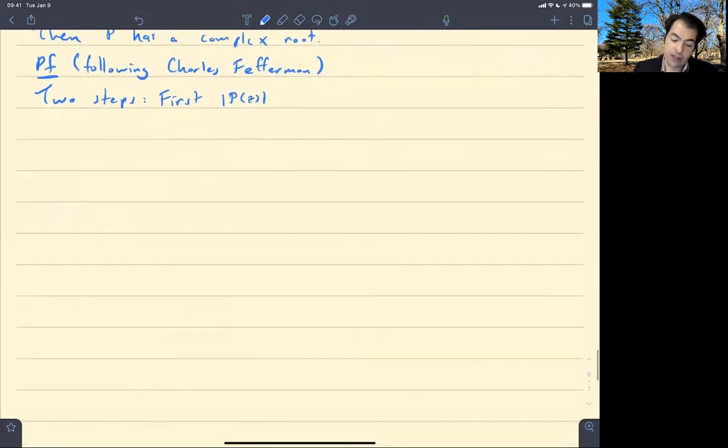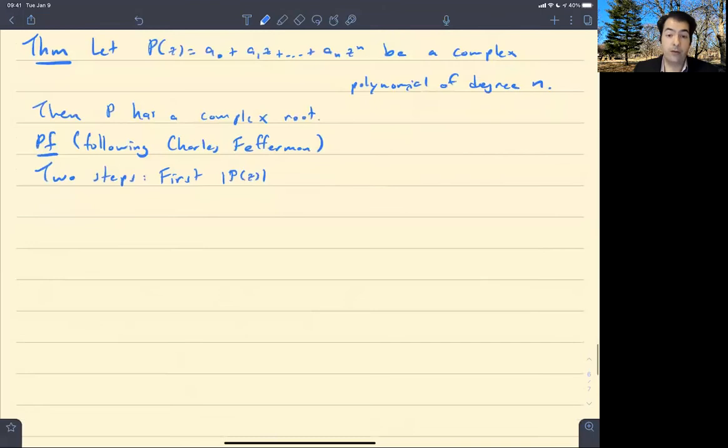Okay, so you take the modulus of this polynomial. So you're working with real numbers and you can talk about having a minimum. This obtains a minimum somewhere in the complex plane.